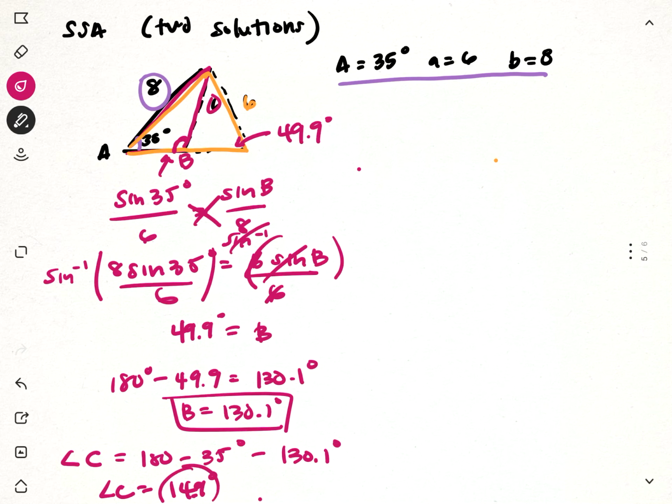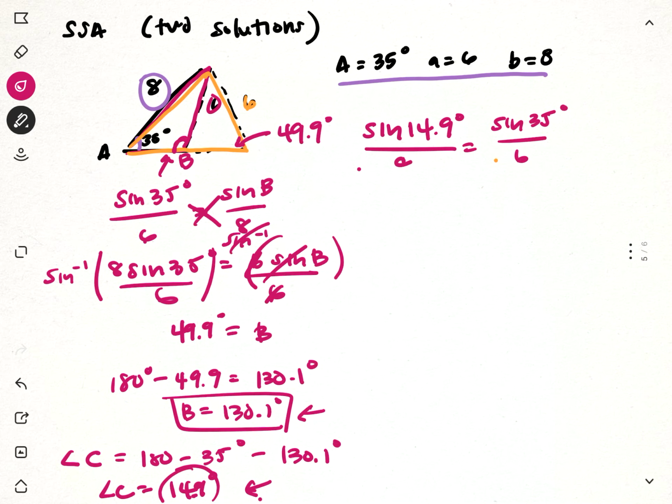Okay, so we know our B, we know our C, and then we can use our law of sines to find our missing side, and that would be side C. So we're going to say sine of angle C, 14.9, over C is equal to sine 35 over 6.